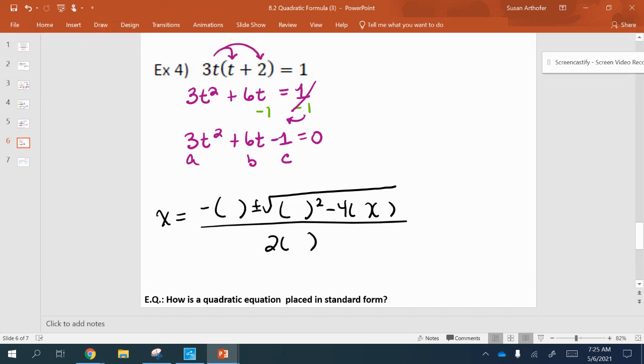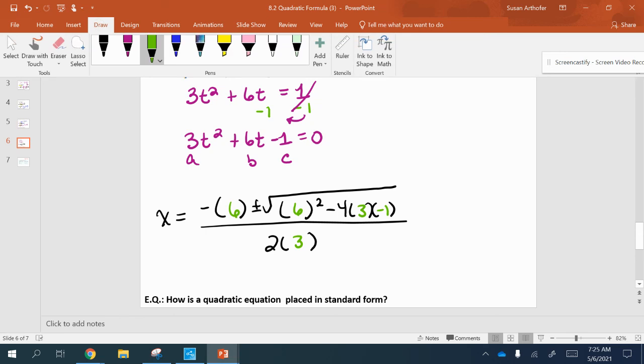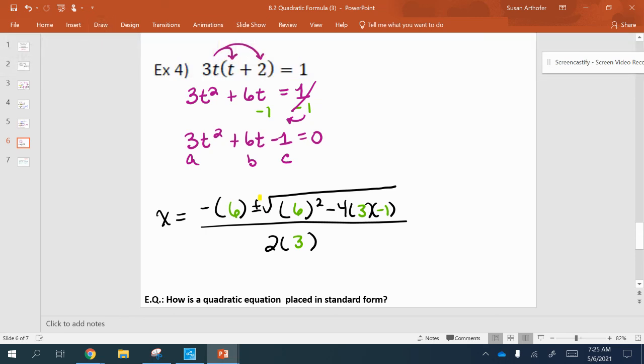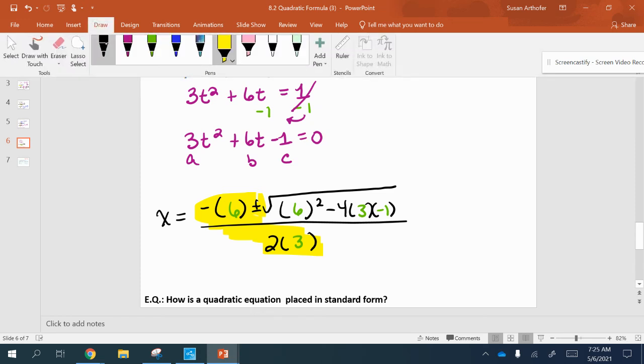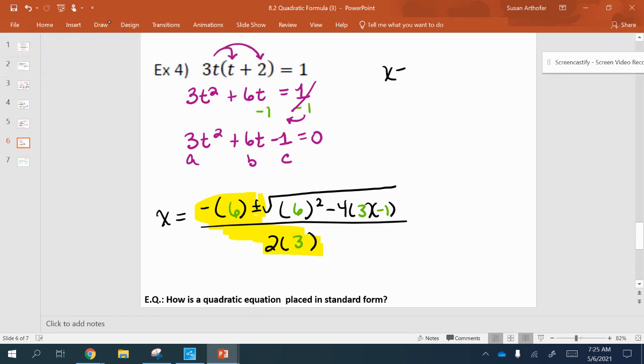Okay, let's plug these in. So b is 6, the a value, the c value, and the a value. We're going to focus on doing this part right here, top and bottom. So our x will be equal to negative 6 plus or minus, all over 2 times 3 is 6.